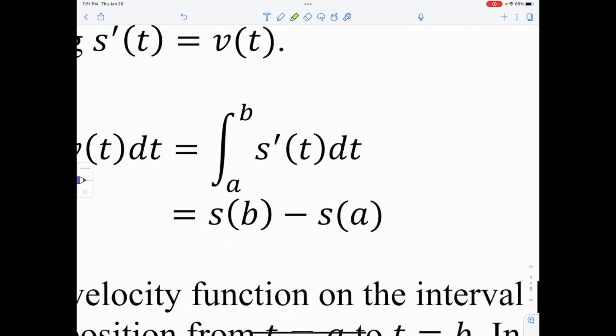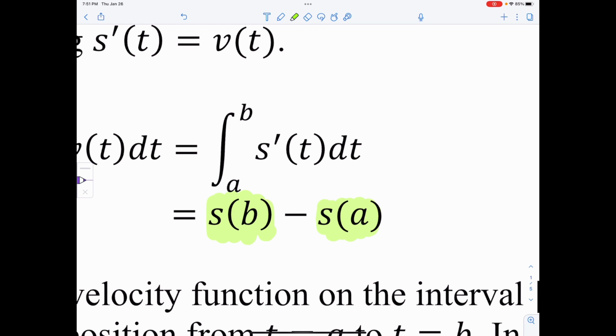Let's think about what each part of that difference represents. s of a would be an object's position at time a. s of b would be an object's position at time b. On an interval from a to b, we could think of s of b as the ending position and s of a as the starting position.